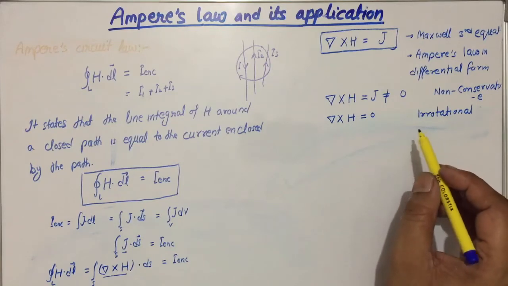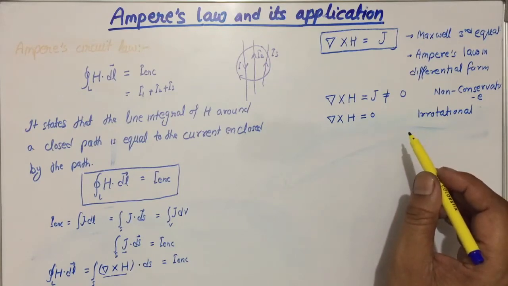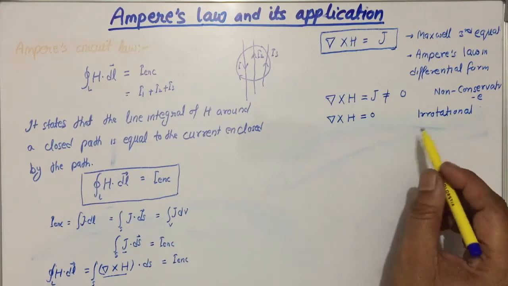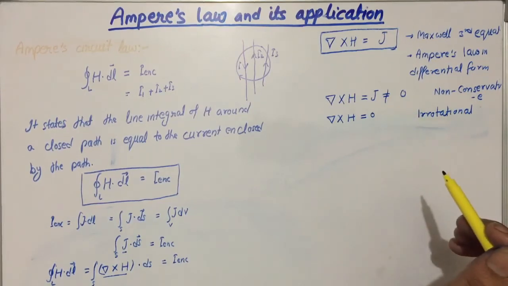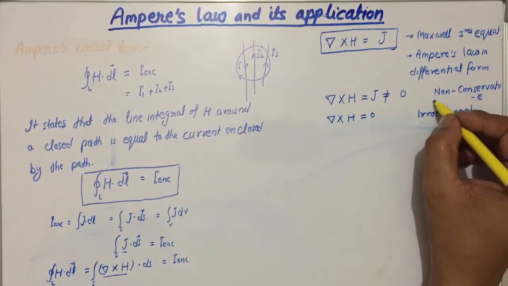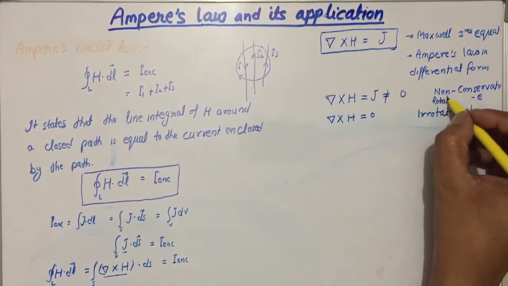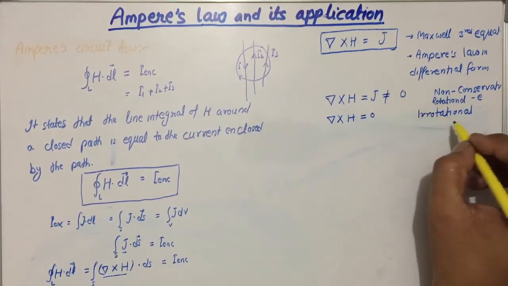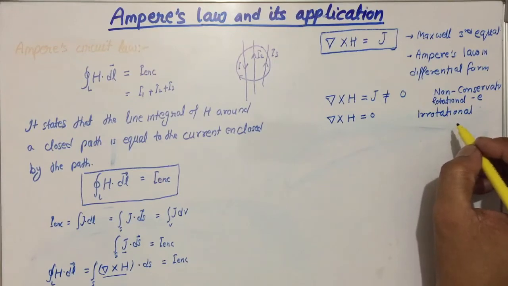And if it is not 0, it means a rotational or non-conservative field is there. So it is also termed as rotational. The field is rotational as well, this one, and this field H is irrotational.